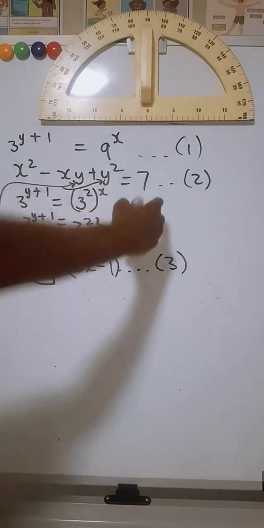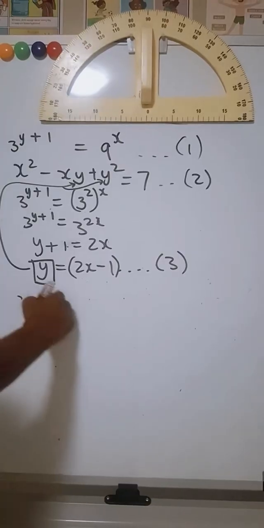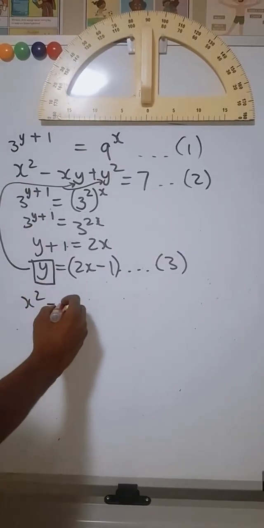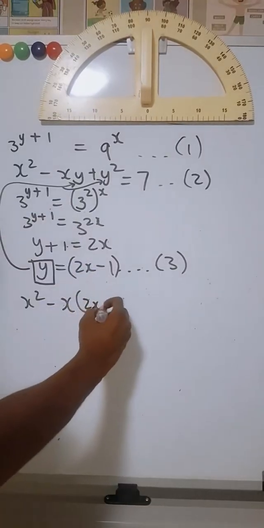So we rewrite this, but just with a little bit of a touch. That's not y, so we write the x squared as it is, minus x. Now here, y is 2x minus 1.